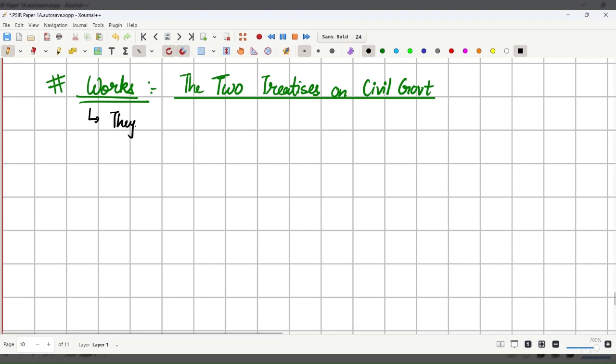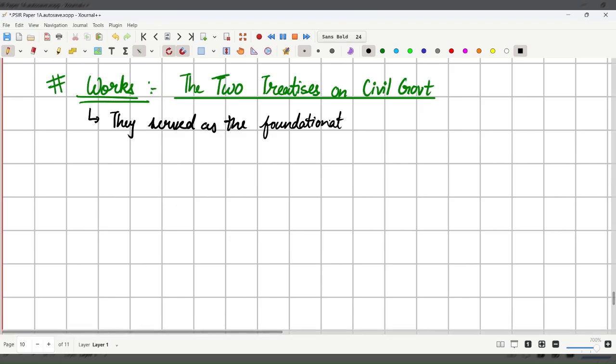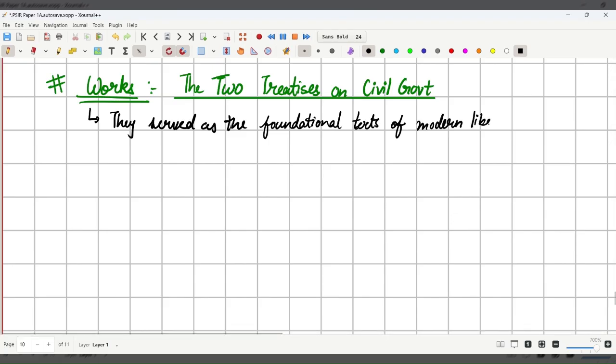They served as the foundational texts of modern liberalism and constitutionalism.